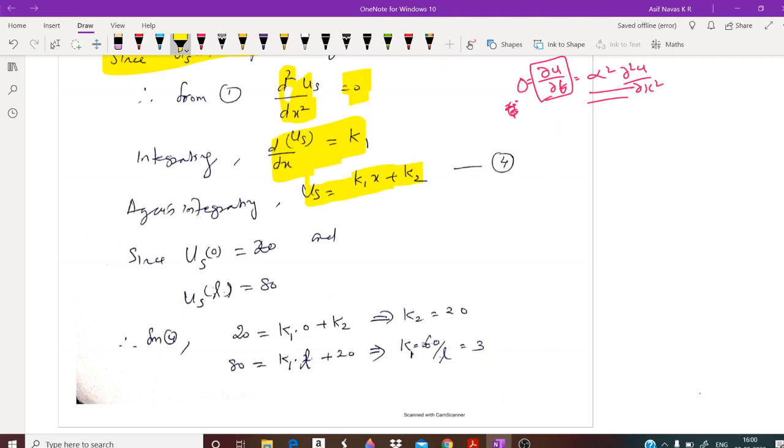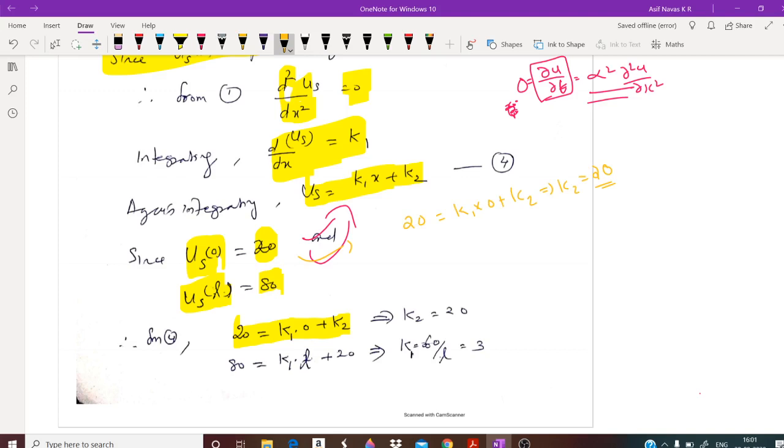Now we know that the endpoint u_s of 0 is 20, and the other endpoint is 80. Now if we apply these two conditions, you will get 20 is equal to k1 into 0 plus k2, that is the first condition I am applying, which implies k2 is equal to 20.